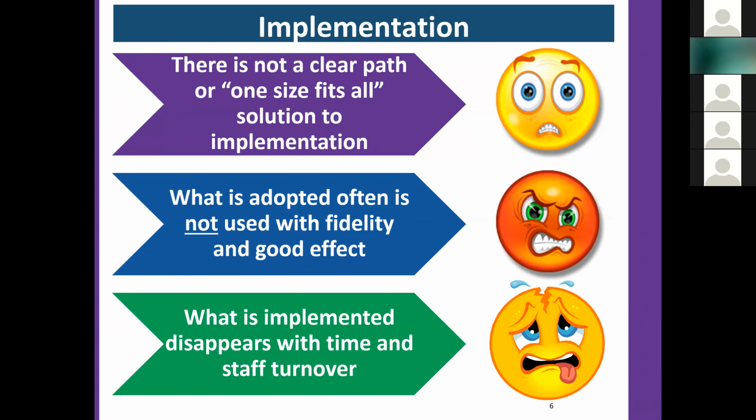Almost nothing is implemented as it was intended originally. And that's why really monitoring for that, looking for what you're doing and how you're doing it, what changes you might have made in response to your target population or resources or whatever the case may be, is important to know. And then even if you do start out of the gate really strong, doing it as it was intended, it oftentimes has drift over time.